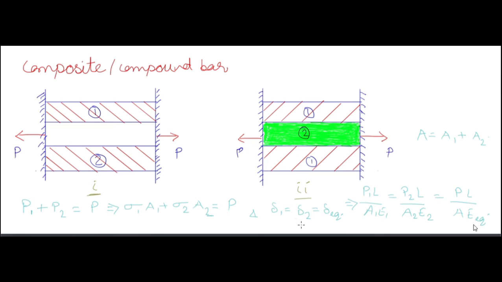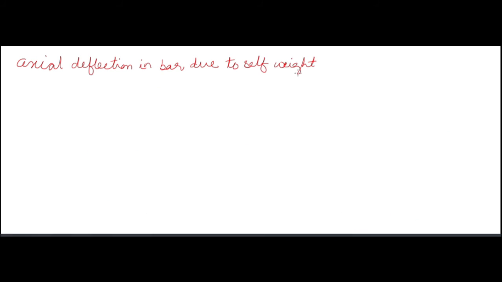So P is the total load acting. So P is equal to P1 plus P2 and L is the same for 1, 2 and equivalent. And A is the total area of cross section, meaning A is equal to A1 plus A2 and E is the equivalent. It means you replace the two bars by one equivalent bar.